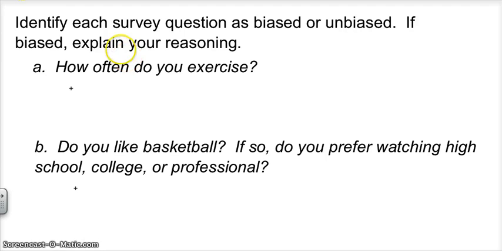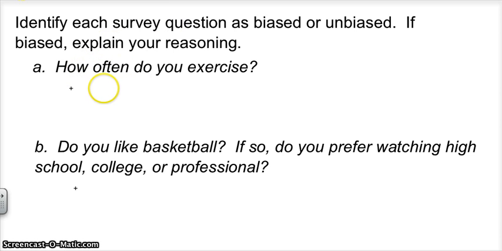And then finally, we're going to be identifying each survey question as biased or unbiased. If biased, we have to explain our reasoning. So our first survey question is, how often do you exercise? Well, it's asking us how often we exercise. It's not asking where we exercise, or implying that we don't exercise.